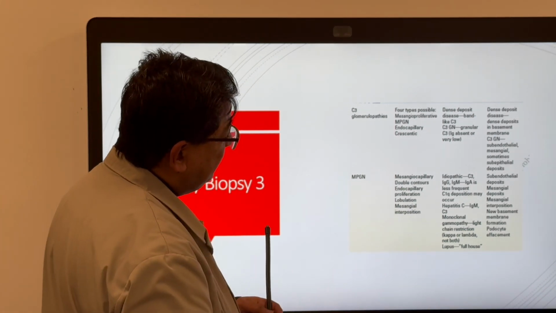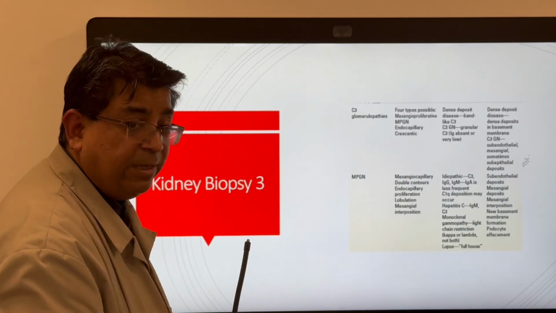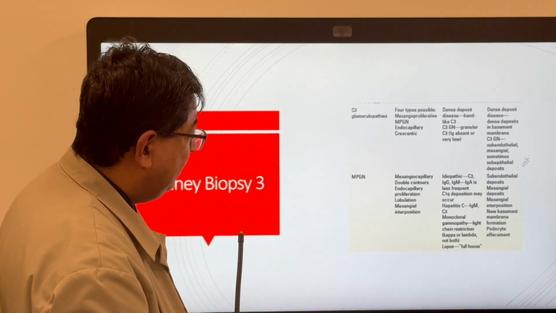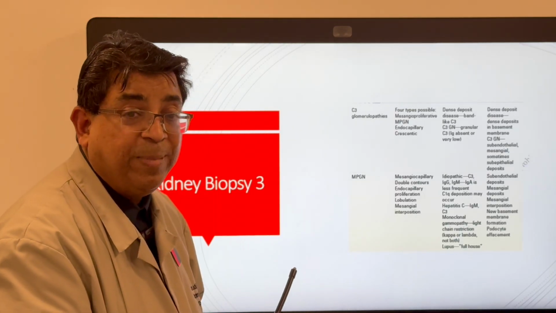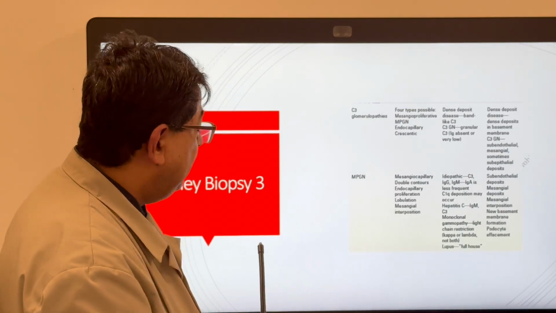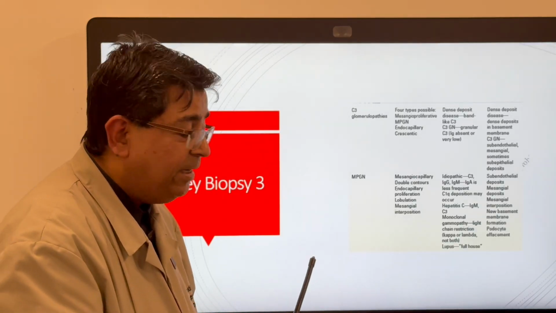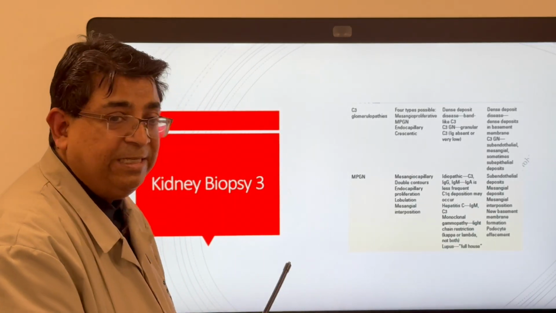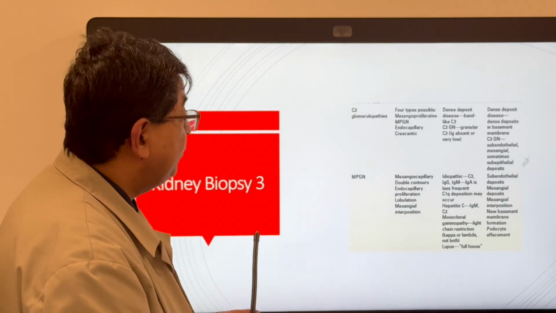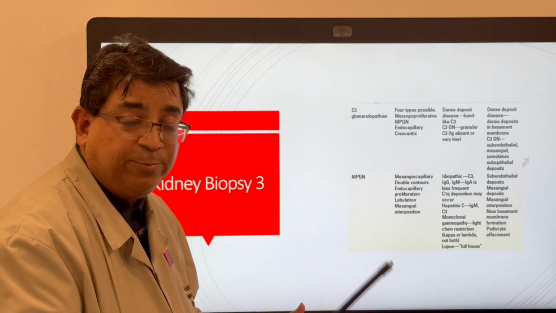And then the other things that you can see that are other causes of MPGN, remember that biopsy is not a disease. It's a pattern that we see. So we stain the kidney tissue, and we see patterns. So it's not a disease, it just gives us patterns. And those patterns are seen in disease processes.